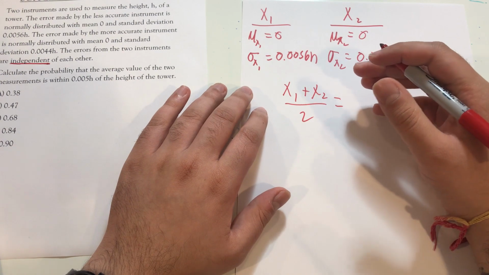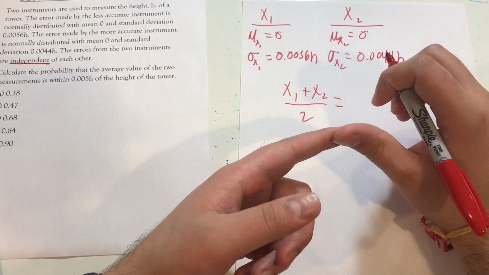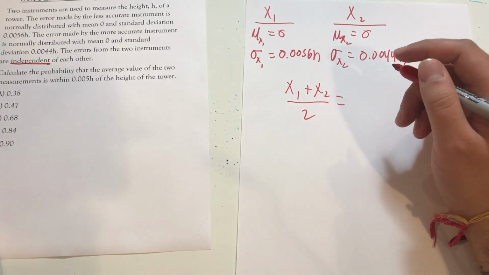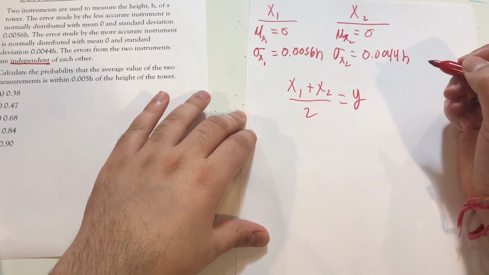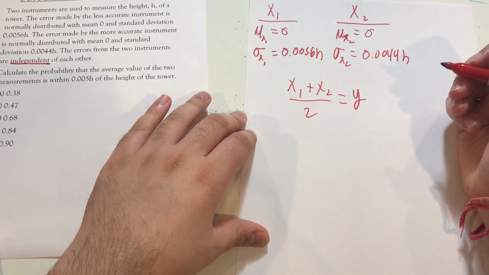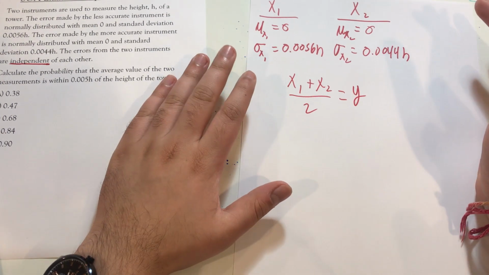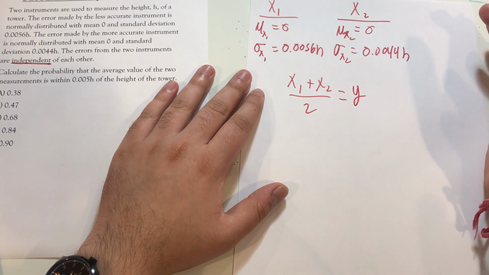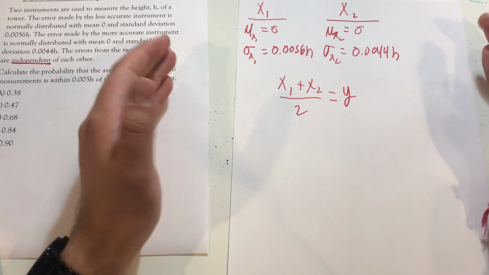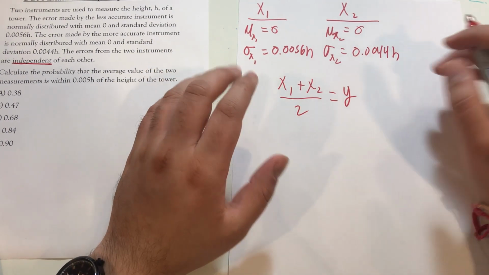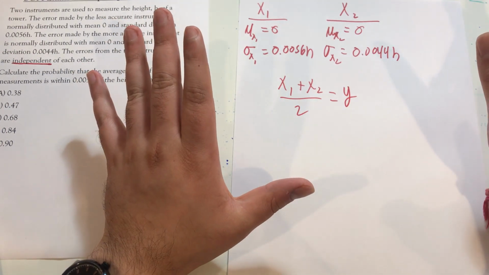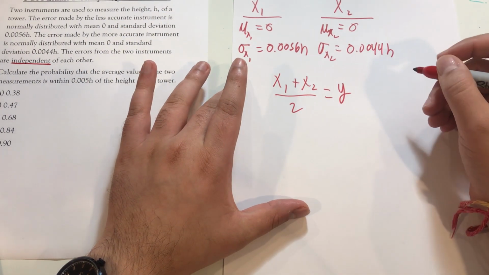We want to get the mu value and the sigma value of Y from this point onward. A lot of standard distribution questions can just boil down to get me the expected value, and also get me the standard deviation, and then you can go anywhere you want from there.